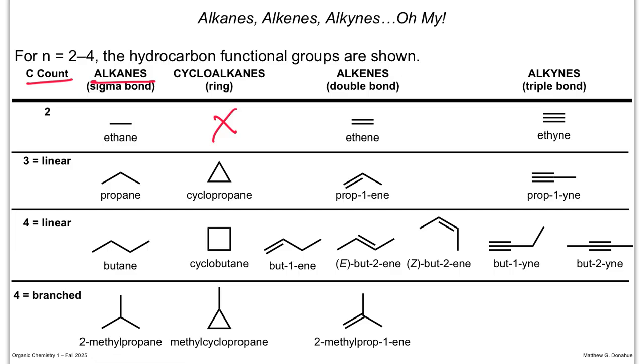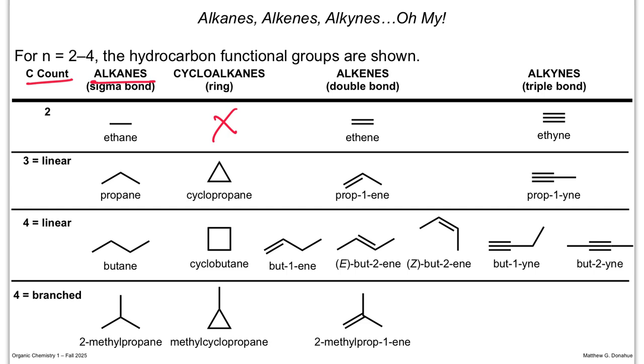With 3 carbon atoms, you can make a ring: cyclopropane. 4 is cyclobutane, and if we wanted to make a branched one of that, we could make methyl cyclopropane. So please follow the logic here. Column 1 is just carbon count. As you move across the functional groups, the hydrogen count changes.